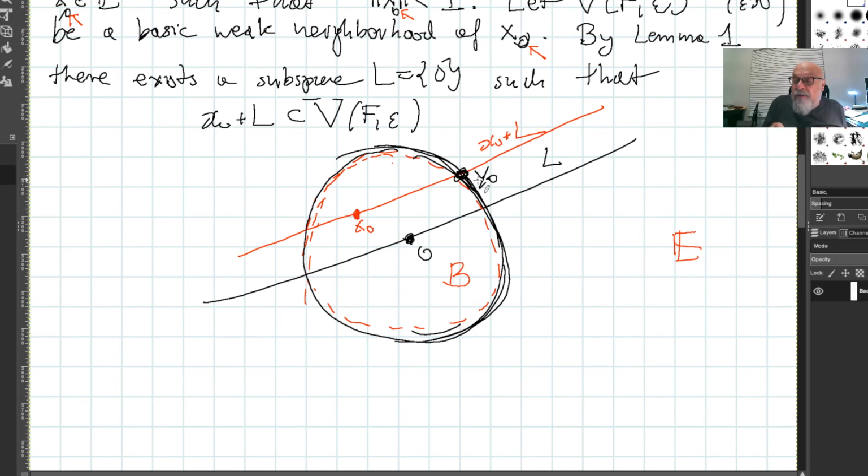Because it is unbounded, it goes from x naught out to infinity, so it has to cross S. You can justify this formally with a nice argument.